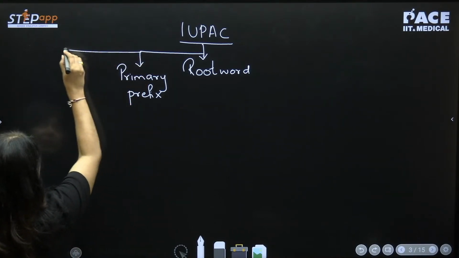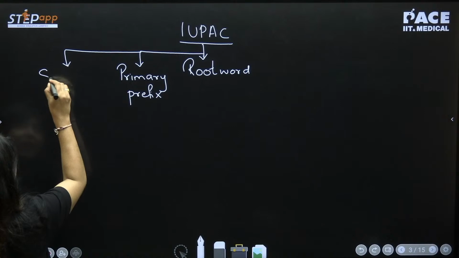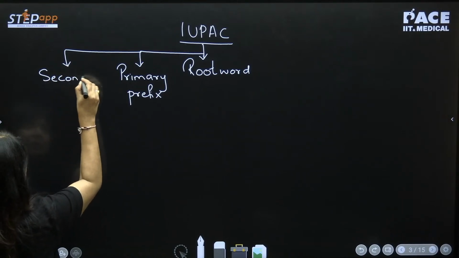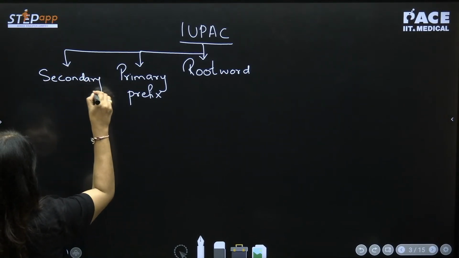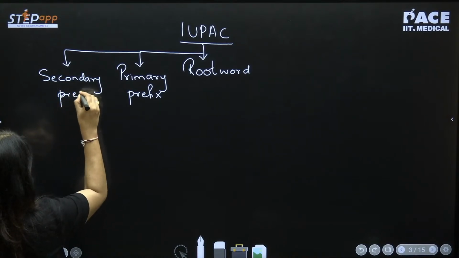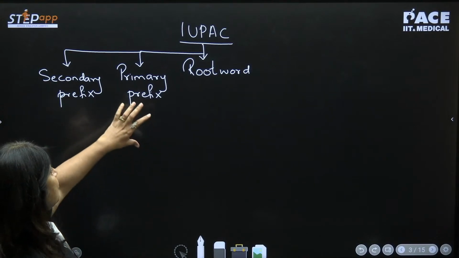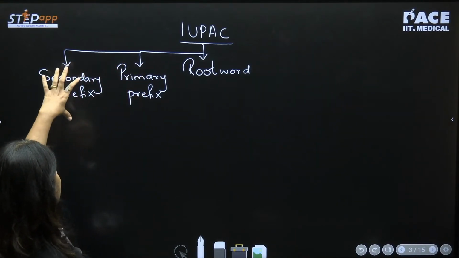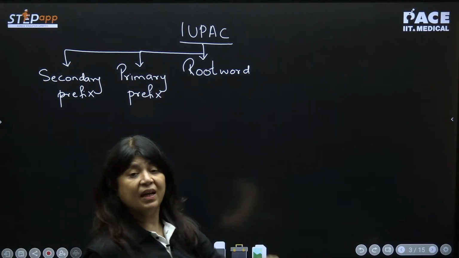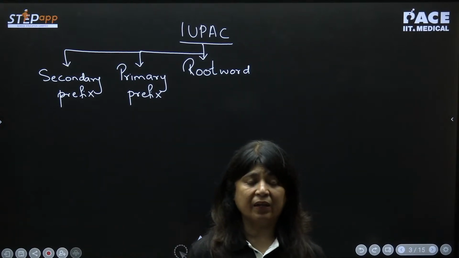Before the primary prefix, you can have a secondary prefix. I said you can have. You can have means the primary prefix and the secondary prefix are not compulsory in the name of the organic compound.